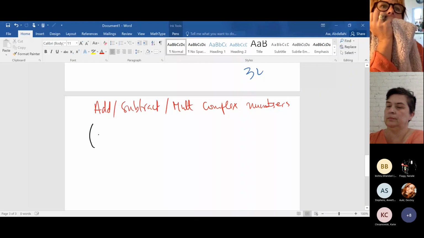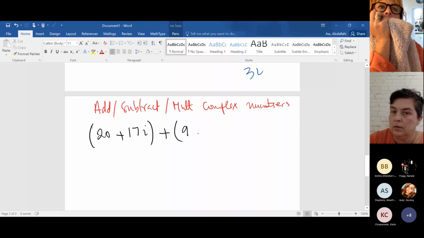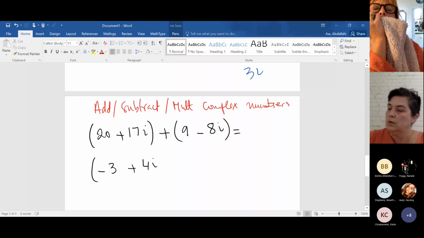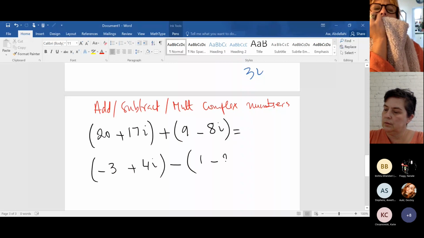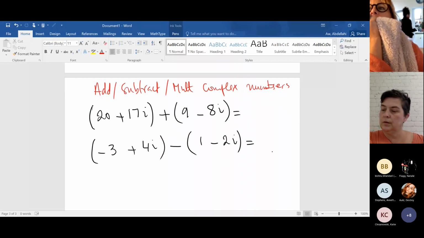Can you do 20 plus 17i plus 9 minus 8i, equals, and then negative 3 plus 4i minus 1 minus 2i? Okay, go ahead. Do this addition, do the subtraction. Again, for the subtraction, you just have to be mindful about the negative sign in between.